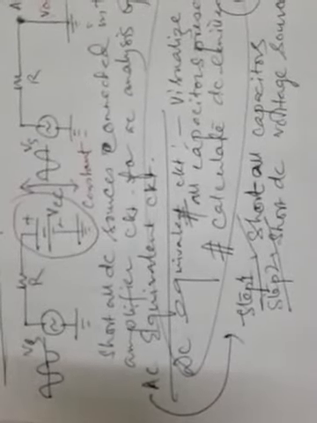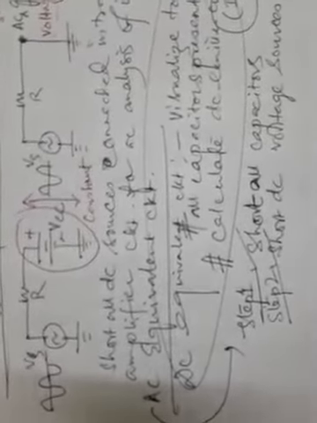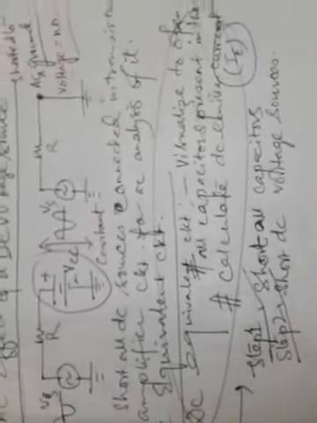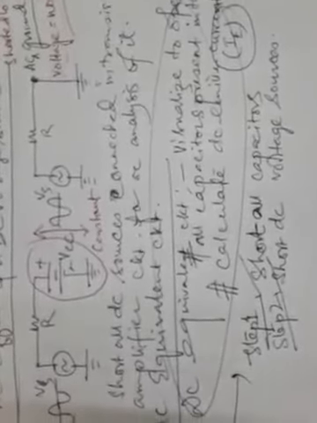First short all the capacitors present, and then short all the DC voltage sources in the circuit. If these two steps are undertaken, then in the next step you can replace the transistor by either the pi model or the T model, which we have seen a little while earlier, and we will show later the mathematical details of how to do the AC analysis.